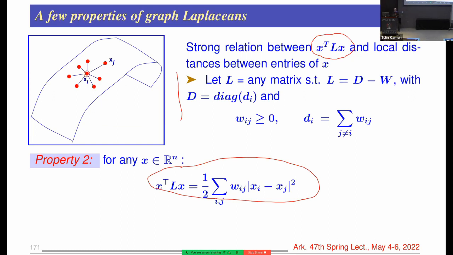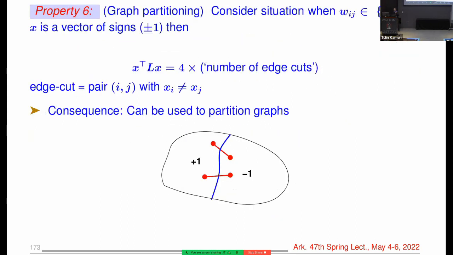So you take the square and you immediately see that this is 4, which comes from the squaring of 2, times the number of cases where Xi and Xj are different, and that means it's an edge cut. You're cutting the edge.